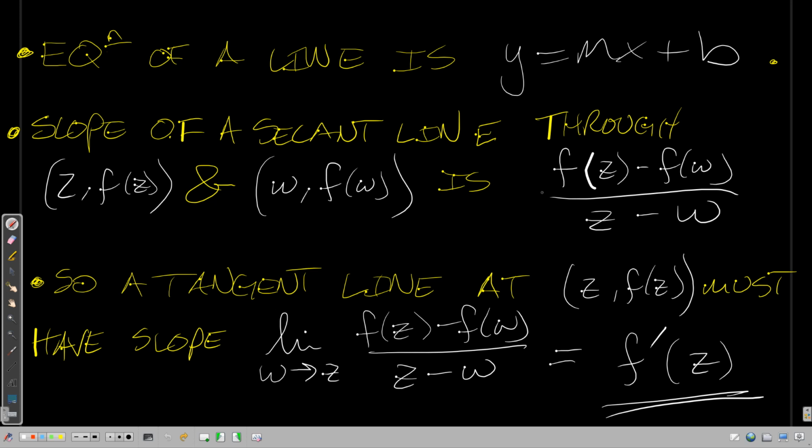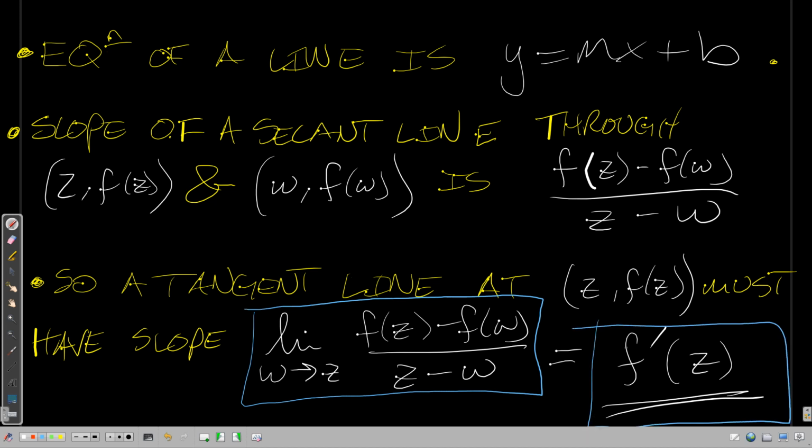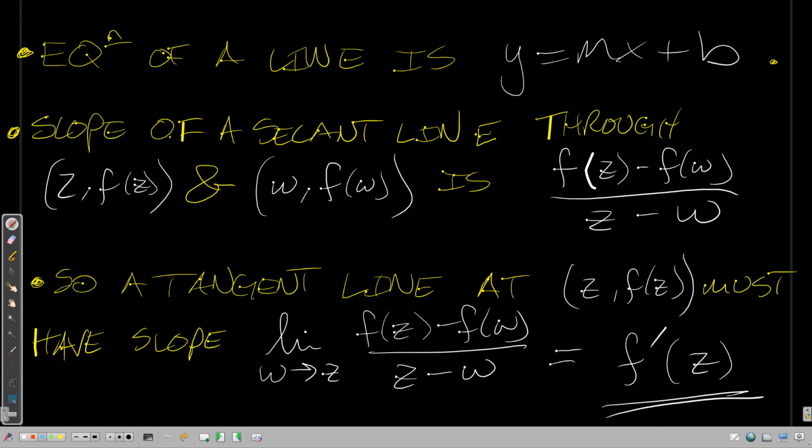Now, together with that knowledge and the fact that the slope of the secant line is just this, then we see that the tangent line would be this limit, but hey, that's f prime of z by definition. The slope of the tangent line at this particular point is the derivative evaluated at that x value.